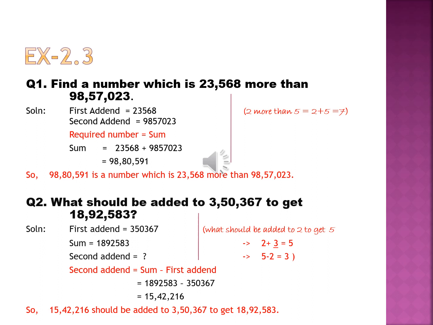So you can subtract and find out the answer, 15,42,216. So 1542216 should be added to 350,367 to get 1892583. So this is how you can always think of smaller examples to understand the questions with large numbers.